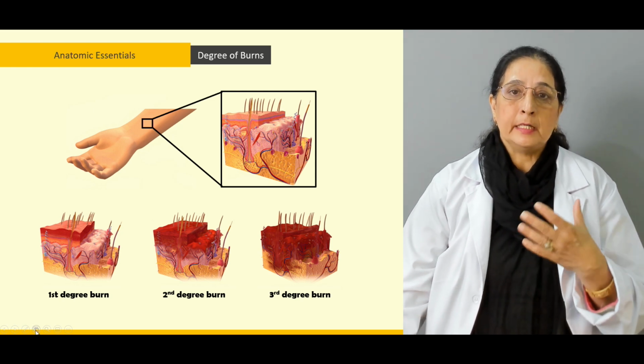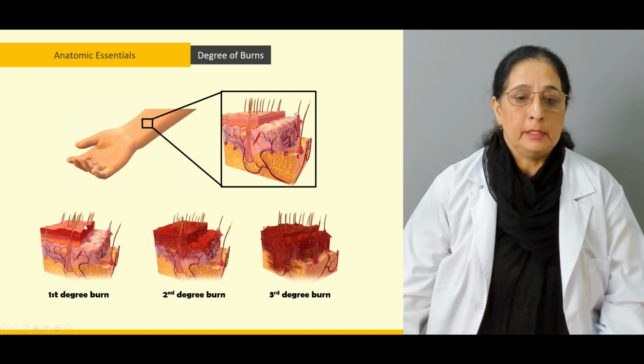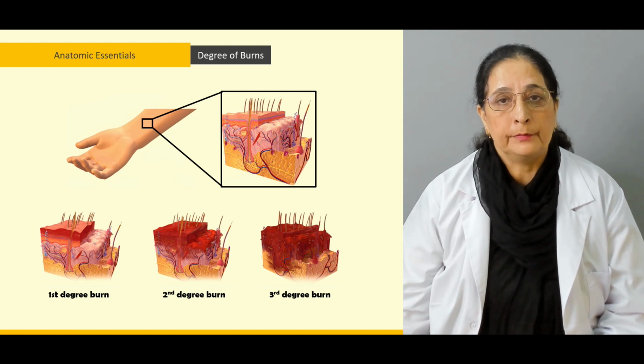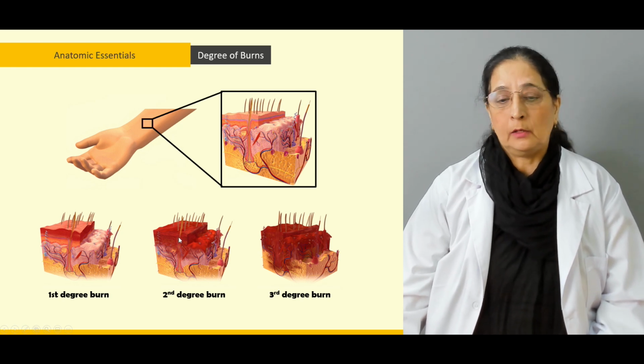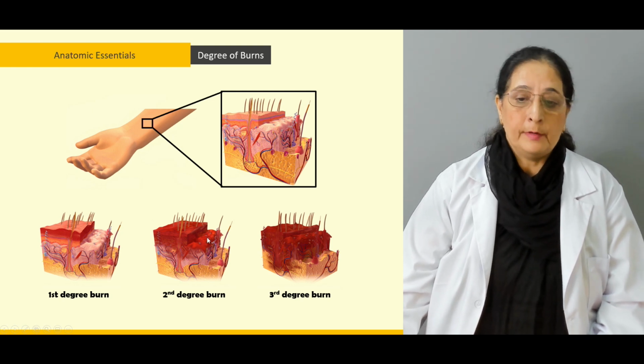In a first degree burn, only the top portion is affected, and it involves the epidermal layer of the skin. In the second degree, both the epidermis and the dermis are involved.